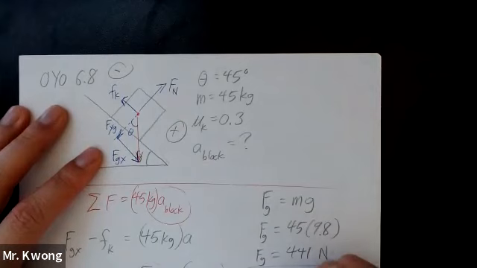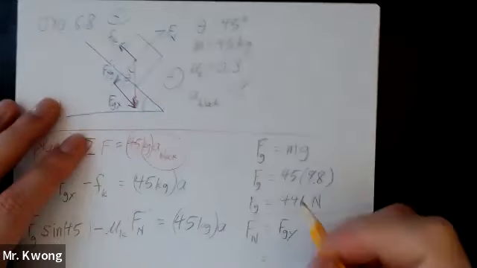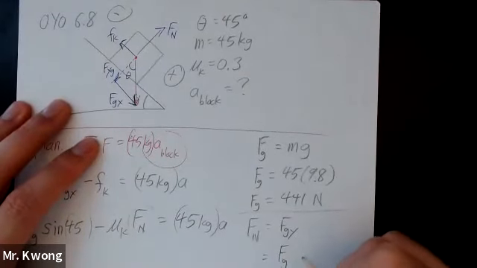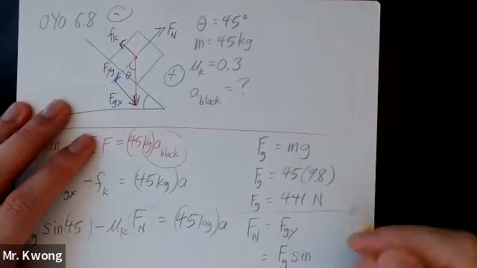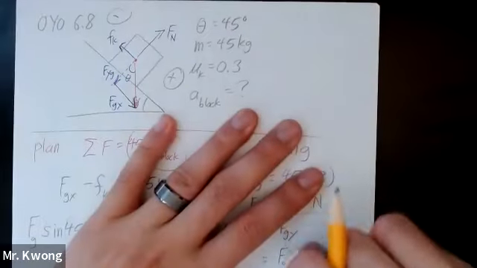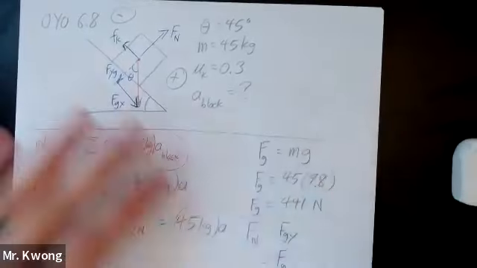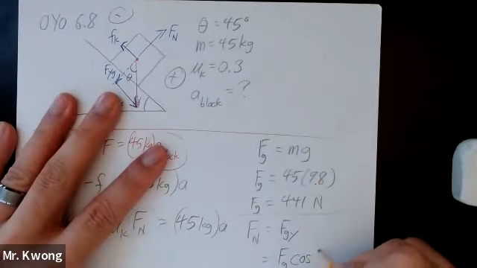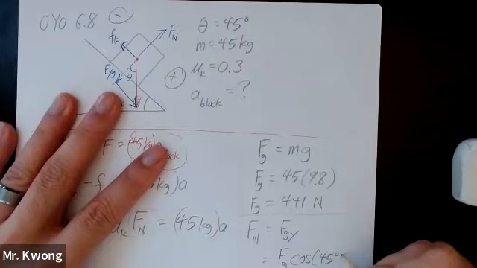So if the normal force equals the y component of gravity, that means that this is the force of gravity times cosine, not sine, cosine of 45 degrees.